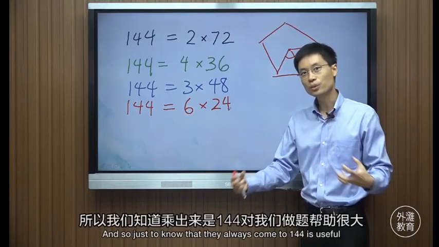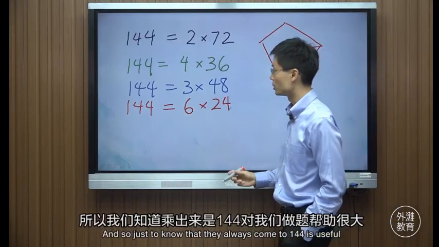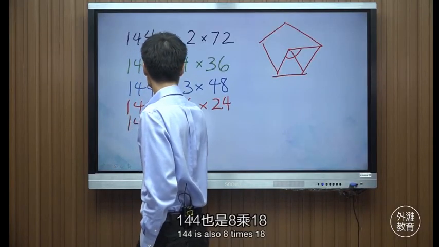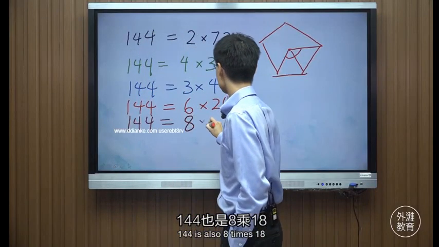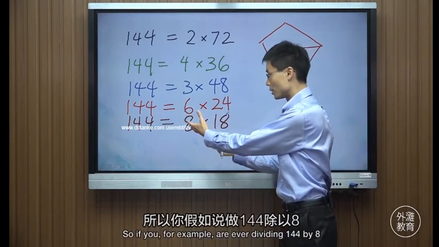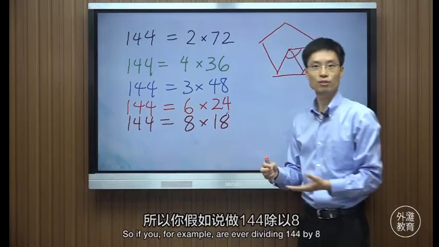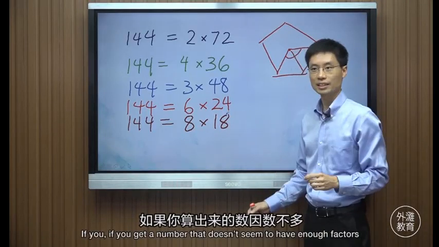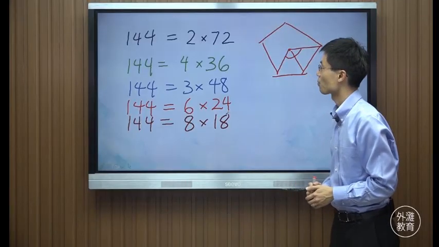And so just to know that they always come to 144 is useful. 8 is another way of building this. 144 is also 8 times 18. So if you, for example, are ever dividing 144 by 8, if you get a number that doesn't seem to have enough factors, then you have made a mistake also.